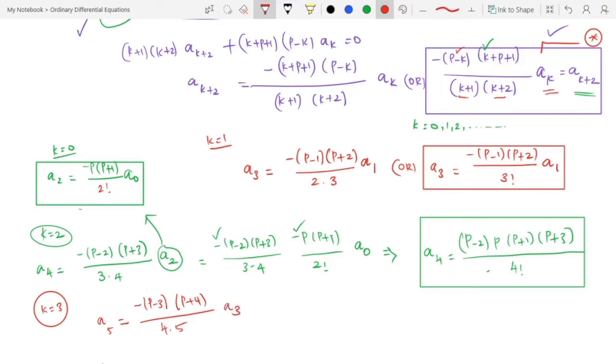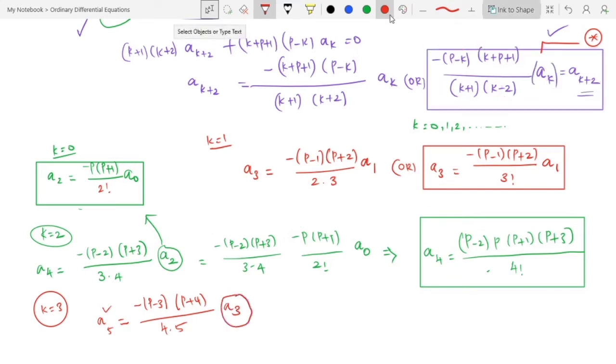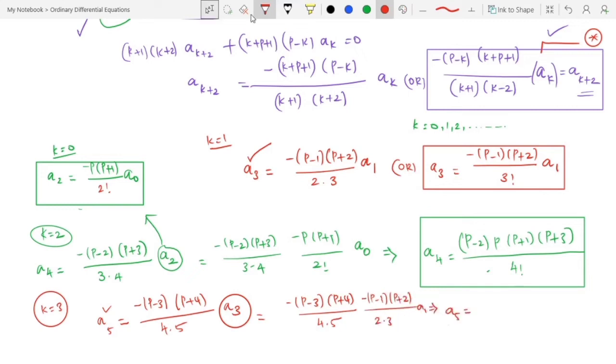Note the point: a5 in terms of a3, a4 in terms of a2. Replace a3 by its value from here, that is a5 is equal to -(p-3)(p+4) by 4 into 5, a3 replaced by -(p-1)(p+2) divided by 2 into 3 of a1, so minus into minus plus.